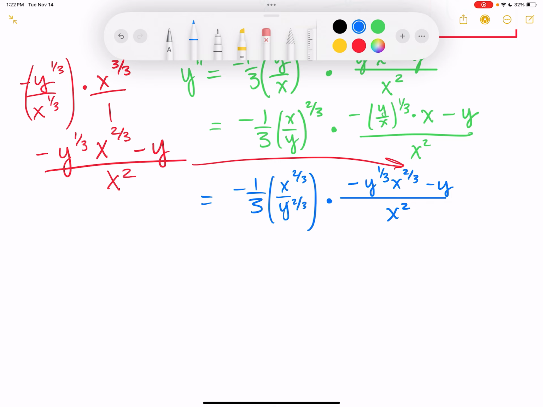So on the bottom, I've basically got 3x squared y to the 2/3. On top, all those negatives are going to cancel because in a sense I'm distributing on the top. You see that? Yeah. So all my negatives are going to go away, so I'll make them all positive. The bottom is easy: 3x squared y to the 2/3.